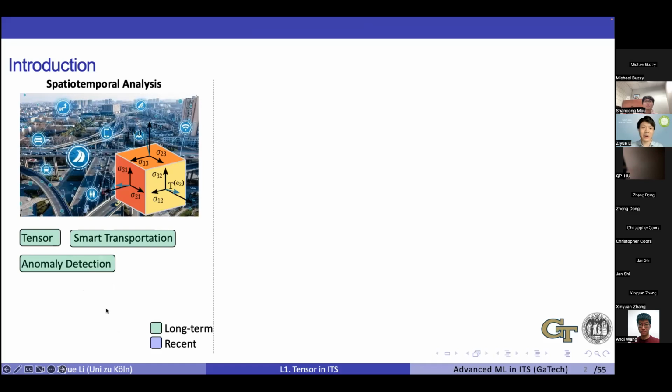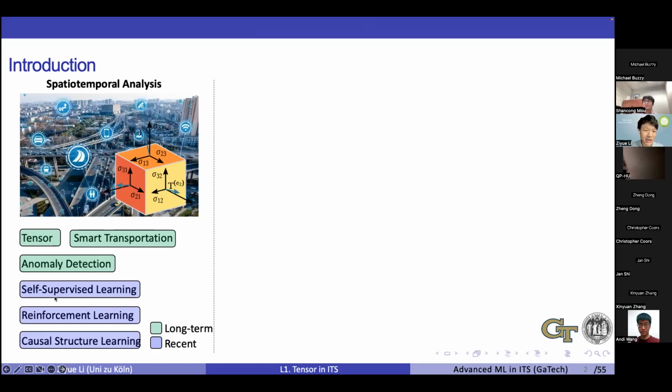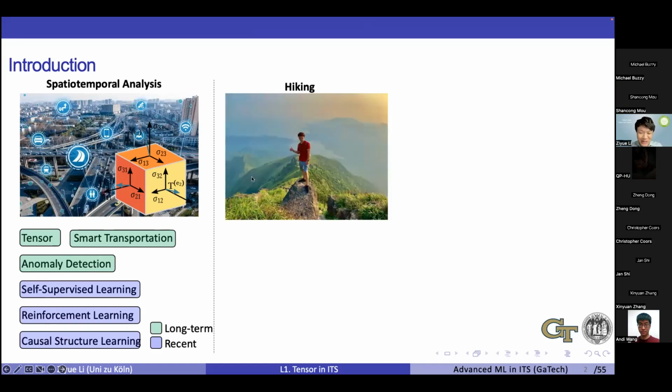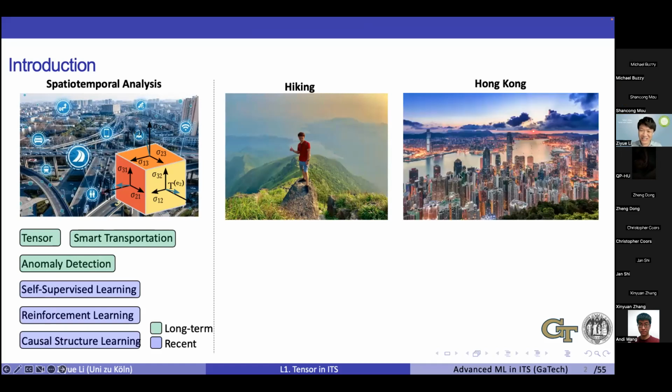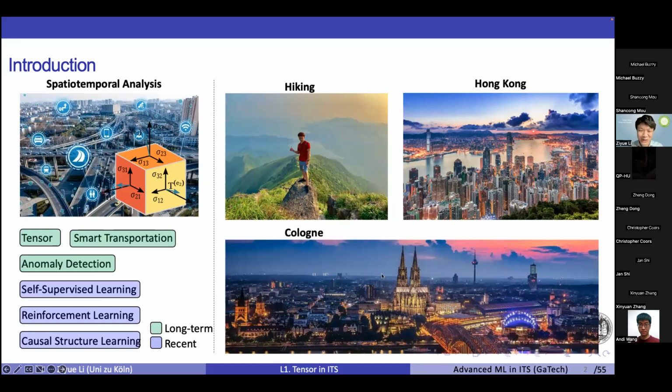Recently I also started to explore new areas such as self-supervised learning, reinforcement learning, and causal structure learning. Apart from research, you can often find me on the hiking trails. I like hiking a lot. And I got my PhD in this wonderful city, and now I'm working in another beautiful city. Overall, I hope this gives you an image of myself.